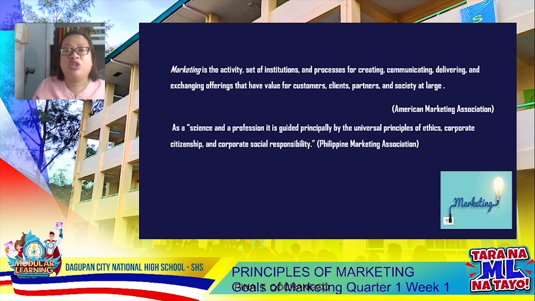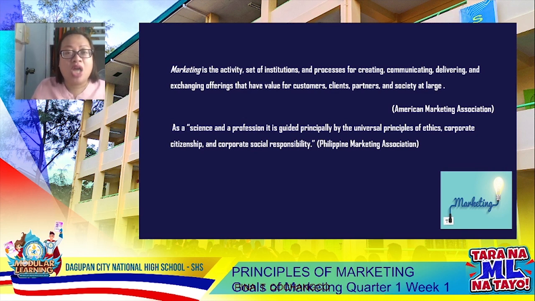Marketing has several definitions, but let us consider the definitions coming from the American Marketing Association and that of the Philippine Marketing Association. What is marketing according to the American Marketing Association? It is the activity, set of institutions and processes for creating, communicating, delivering, and exchanging offerings that have value for customers, clients, partners, and society at large.